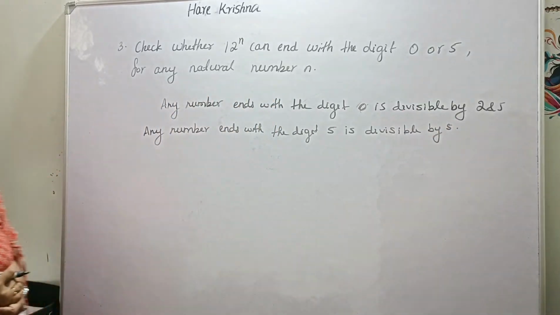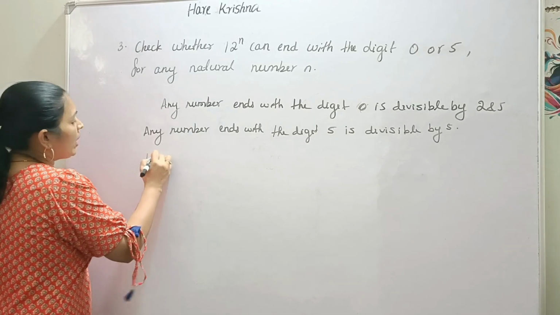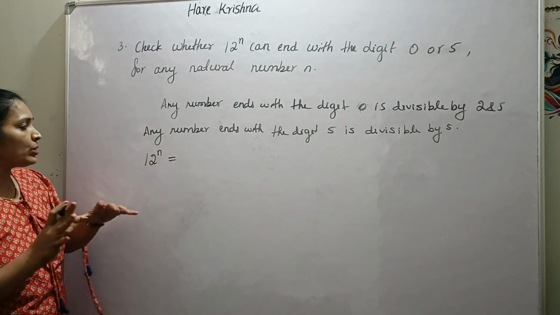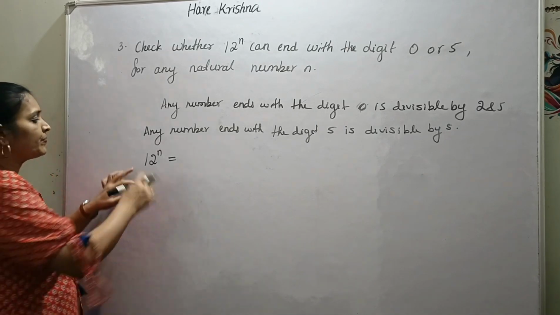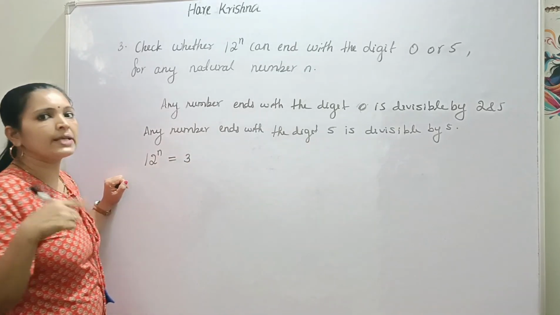Now let's write the given number. We have to write 12 as a product of prime factors. 12 can be written as 3 into 4, and 4 can be written as 2 square.